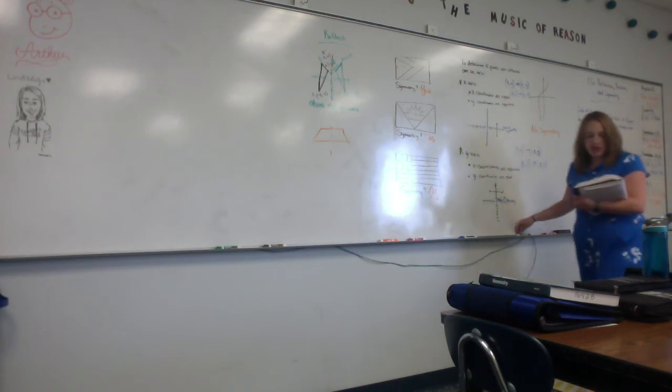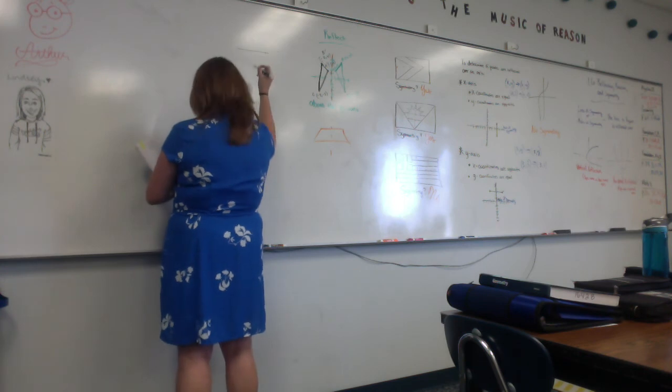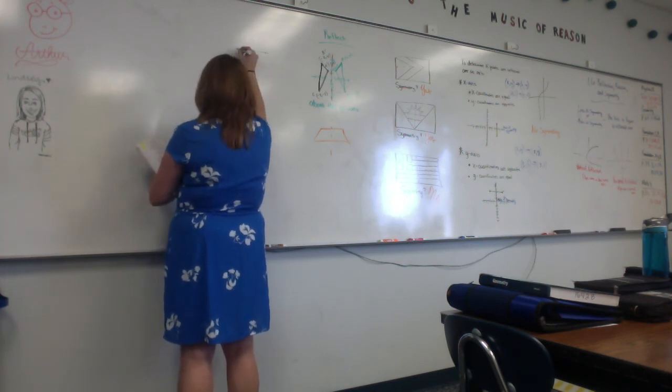What type of symmetry could take place with a shape like this?